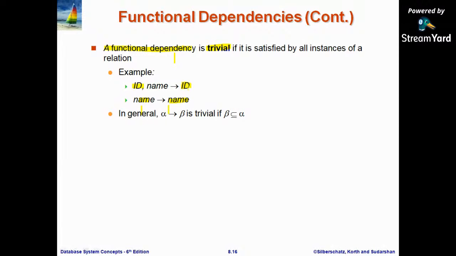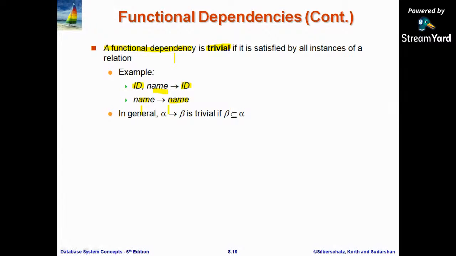If some fields are keys, super keys or candidate keys, and you combine any other field with them, say ID identifies each and every row, then even if you combine it with the name, salary or department, it is still going to uniquely identify the row, because ID is identifying the rows.